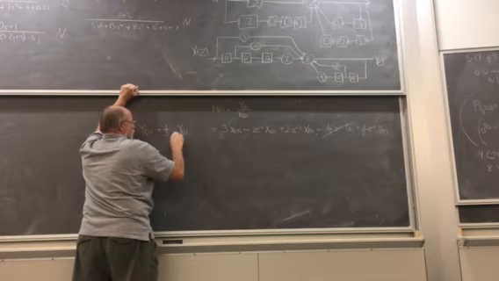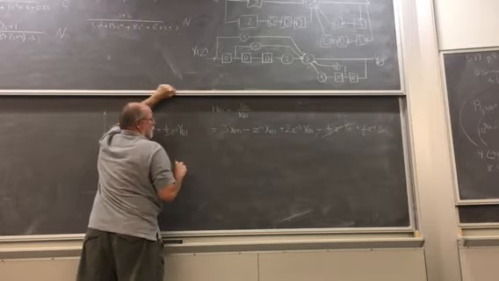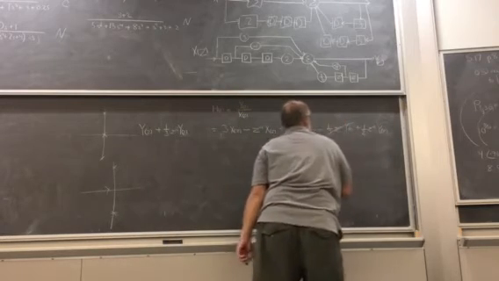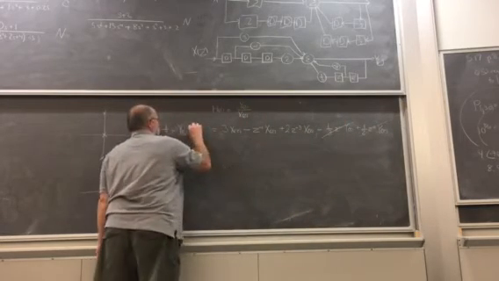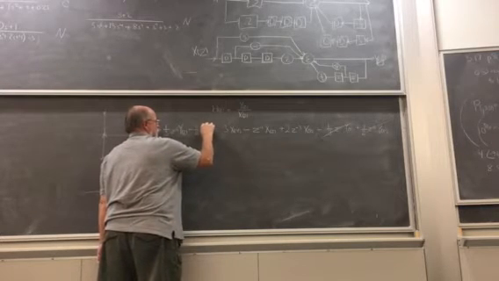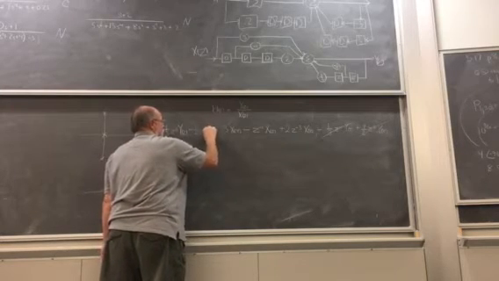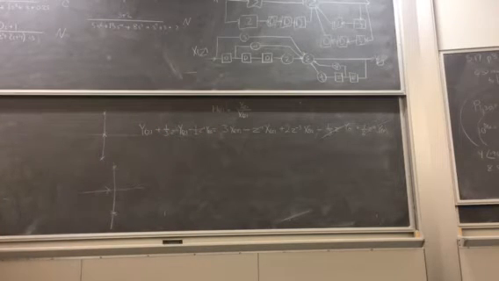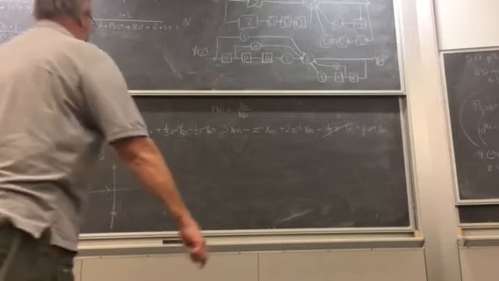Yeah. And what's this term become when I move it to the other side of the equation? Next step. What is the next step? Factor and divide. Factor out the y of z.